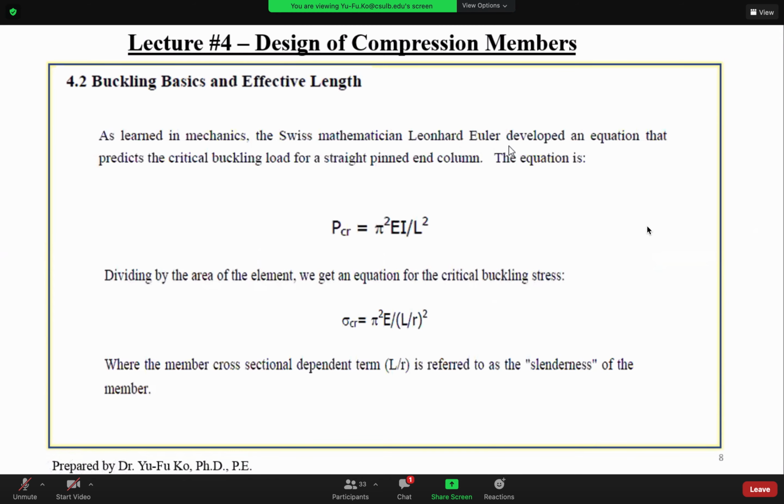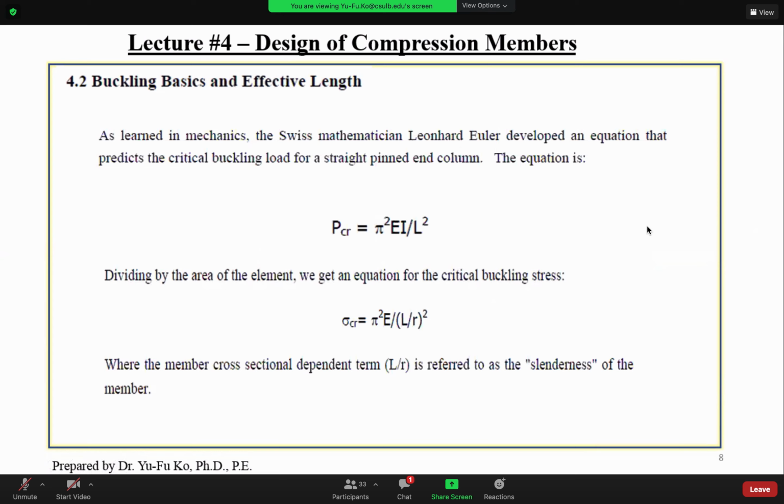So, let's recall what you learned in strength of materials, which is MAE 373. The Swiss mathematician Leonhard Euler developed an equation that predicts the critical buckling load for a straight column. Here, you assume it's a straight, pin-ended column.